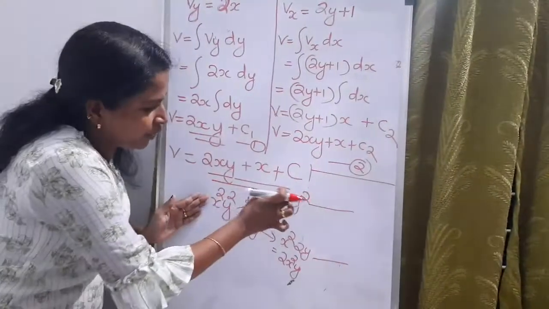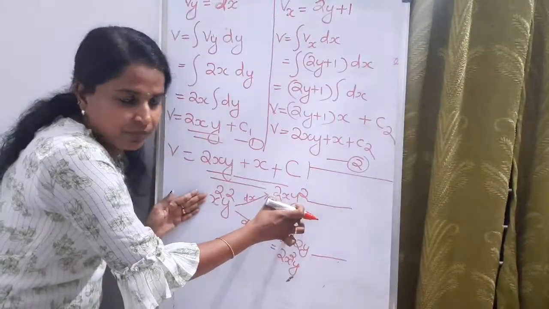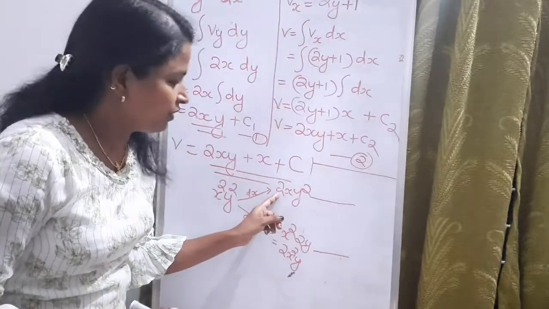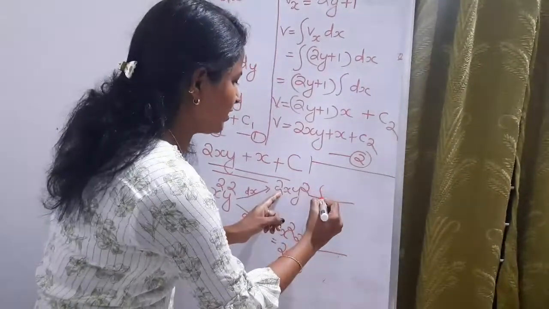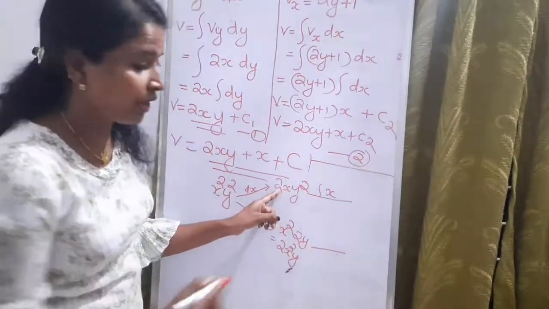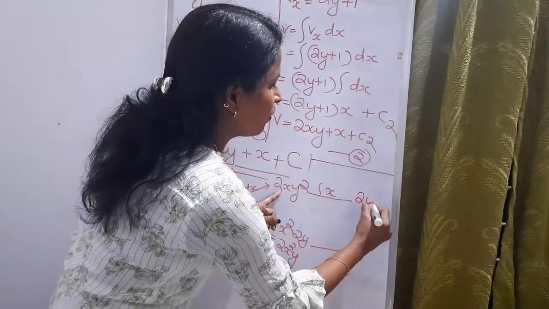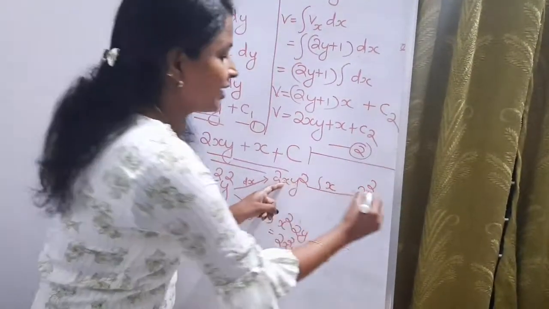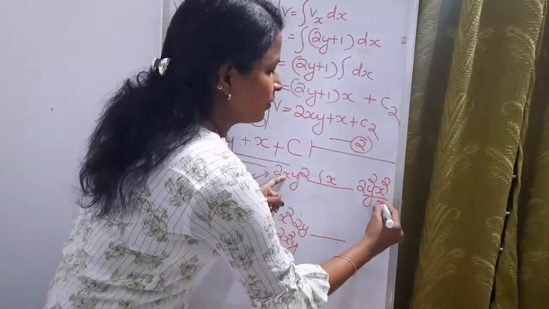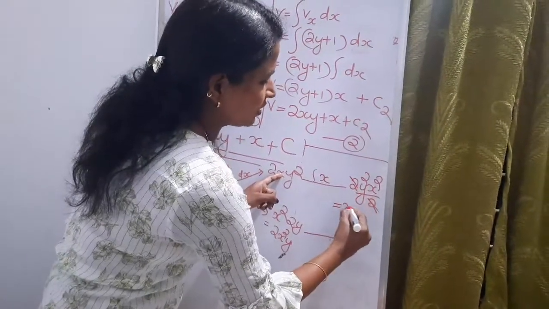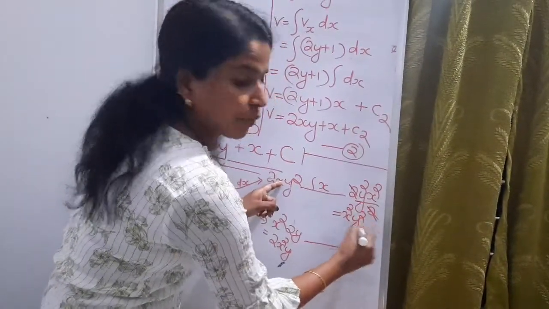So, integrate with respect to x. Here y square is constant. Integral of 2x is x square, so the 2 and 2 cancel. We get x square y square.